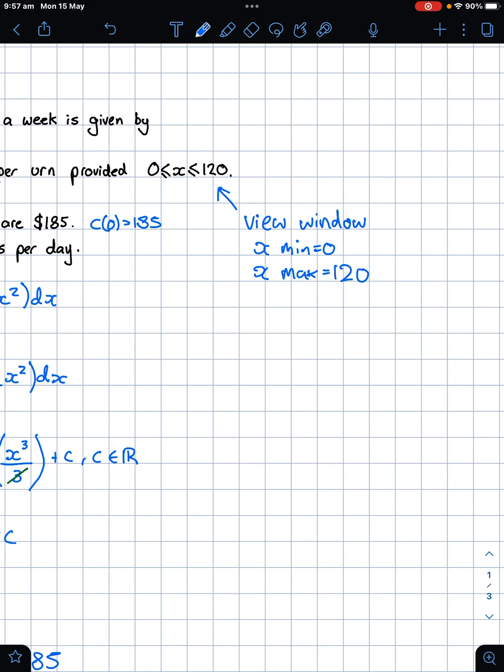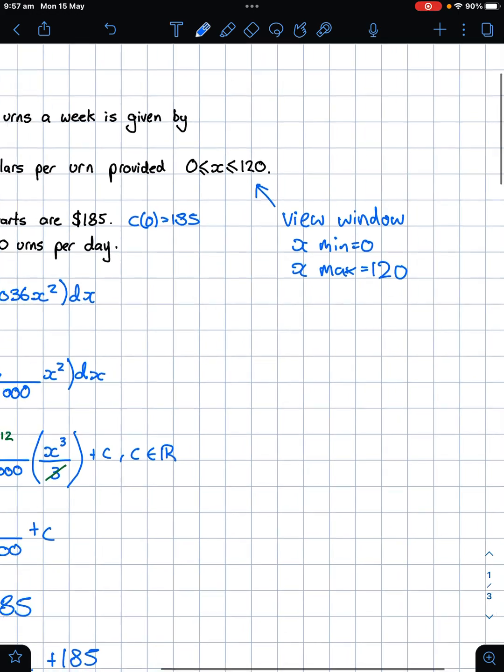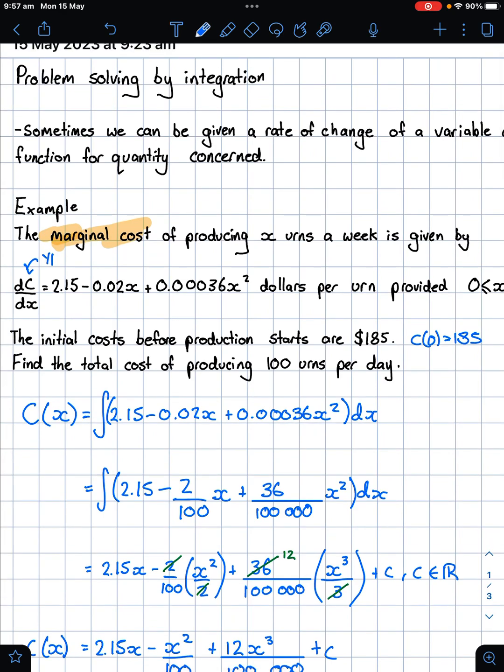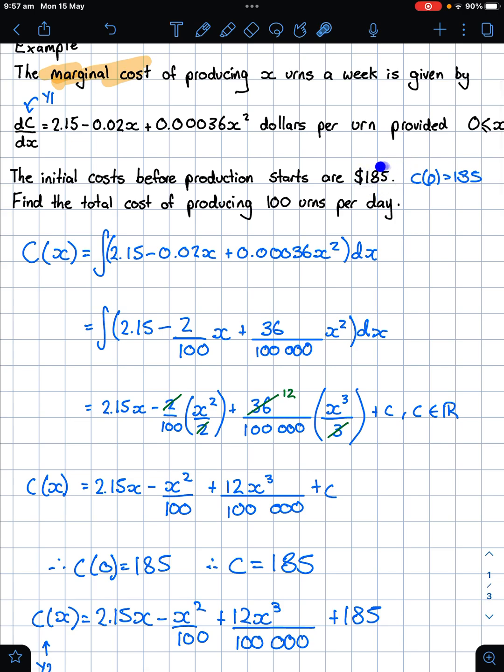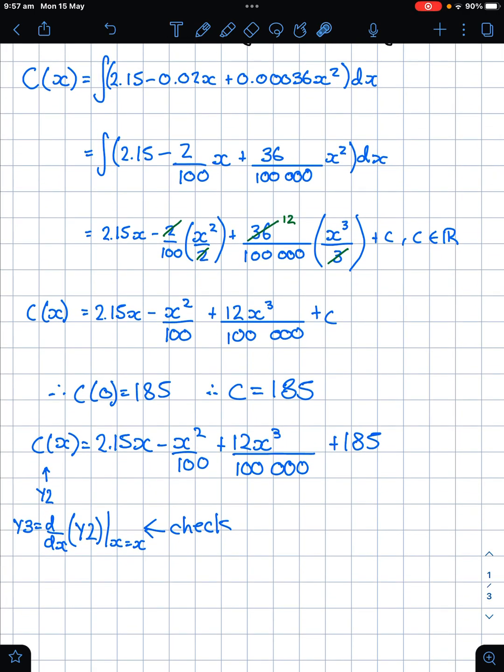So I'm doing that to sort this out. Now my y min and max, I'm looking at the total cost. So I've got 185 is my initial cost. It's obviously going to cost more than that. So let's just go 0. We know we're in the hundreds. Let's just go 500 for our max. Okay, so now I can draw this graph.